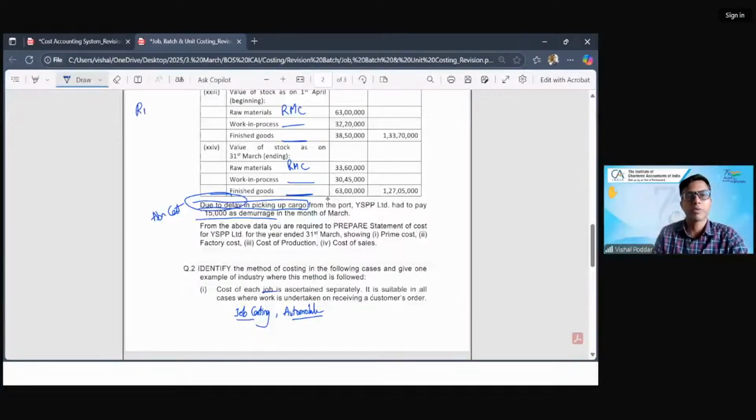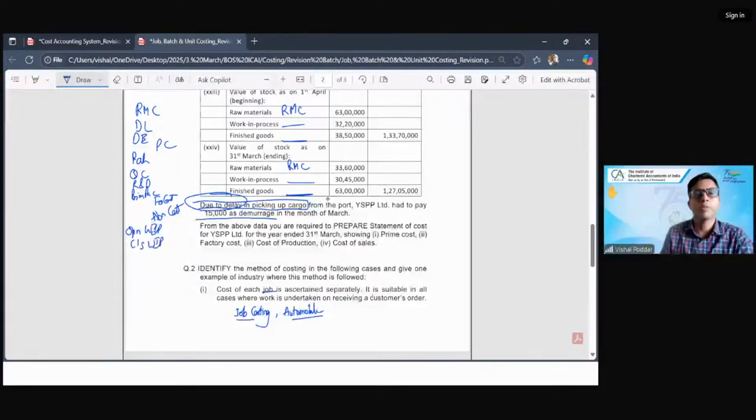So my proper sequence would be RMC, direct labor, direct expense. This will give me prime cost. Then my production overheads, quality control, then my R&D, primary packing. This will give me my factory cost, in which I'll do opening WIP, closing WIP.